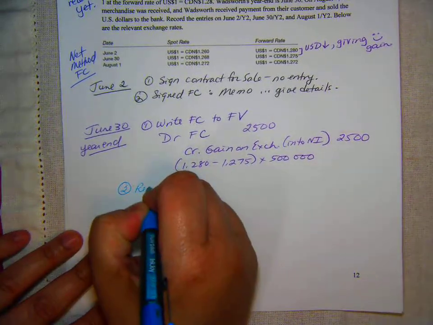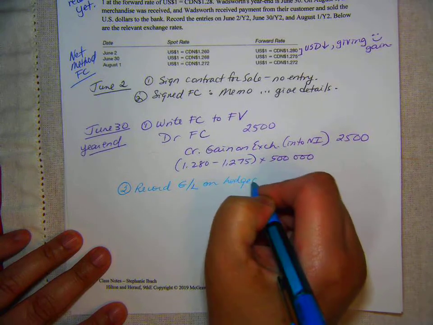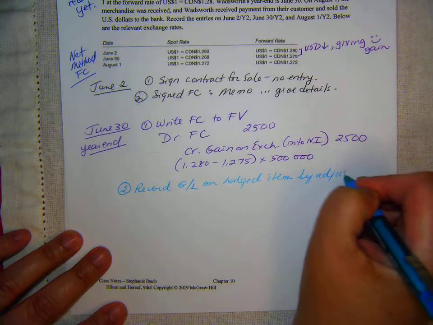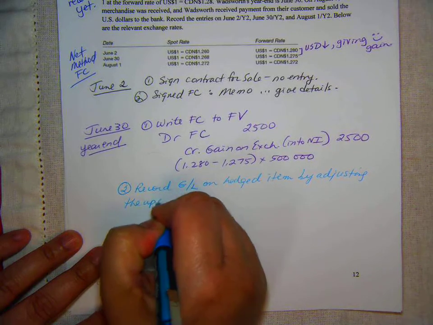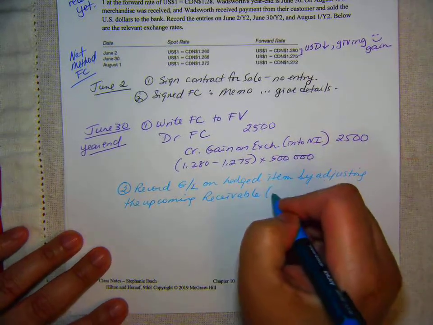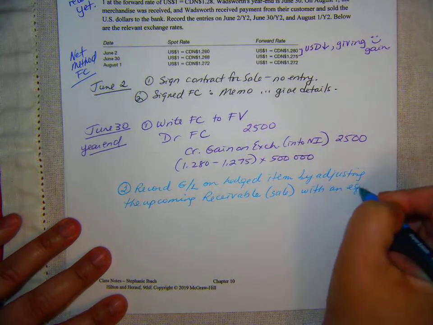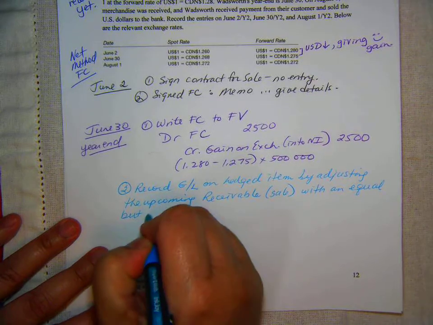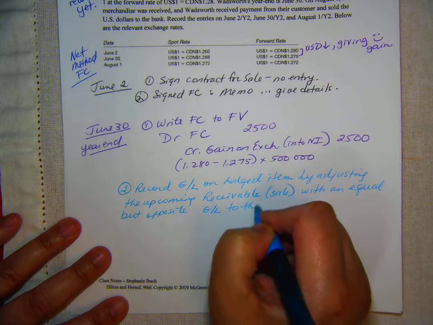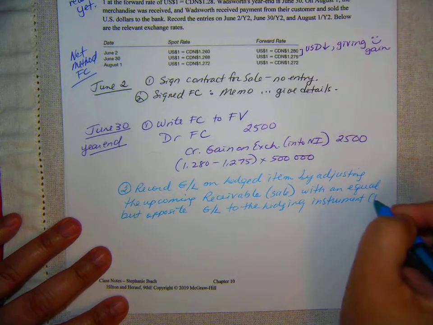And we are going to record a gain or loss on the hedged item, which hasn't been recorded yet, by adjusting the upcoming receivable, because it's a sale, with an equal but opposite gain or loss to the hedging instrument, the forward contract.